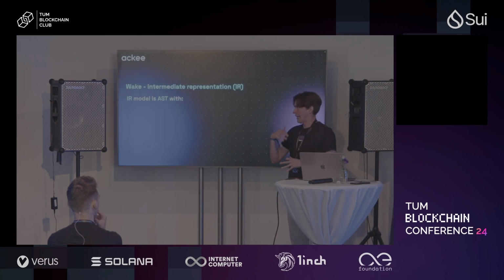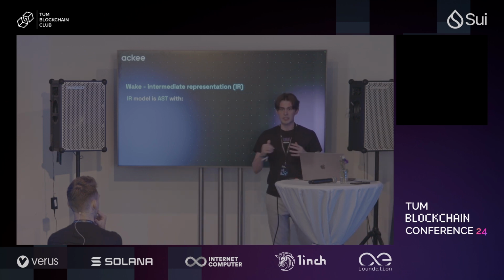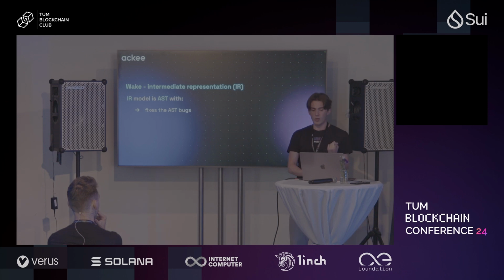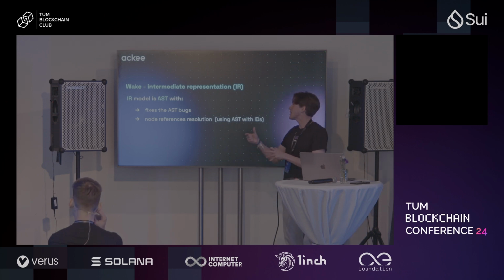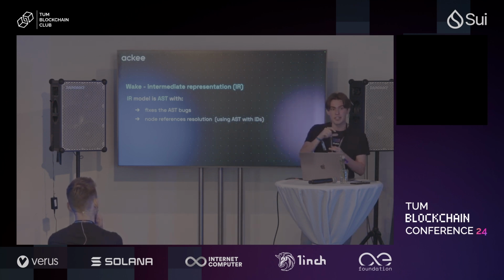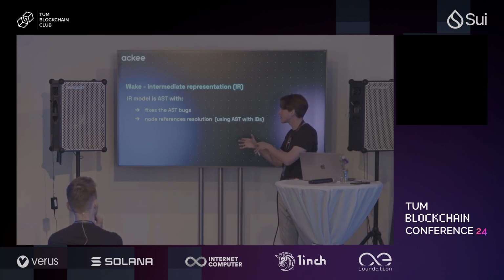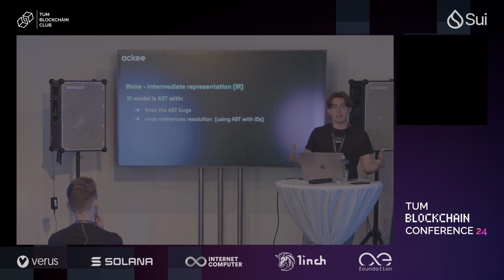Let me speak a little bit more about this intermediate representation model, the IR. First of all, we fix abstract syntax tree bugs. After that, we identify every node in our abstract syntax tree with a unique identifier for better analysis.